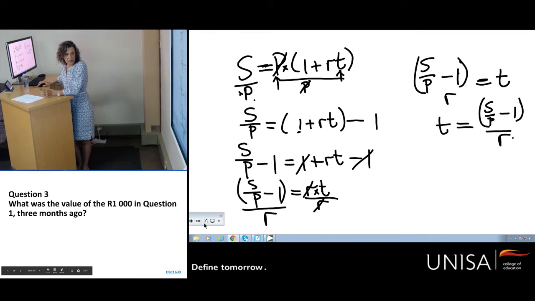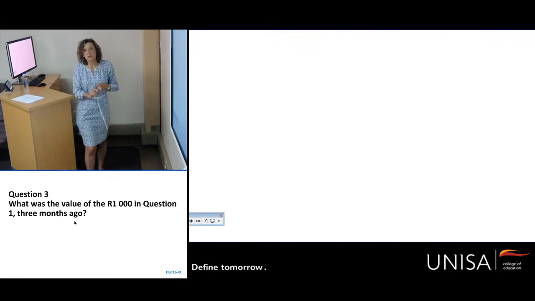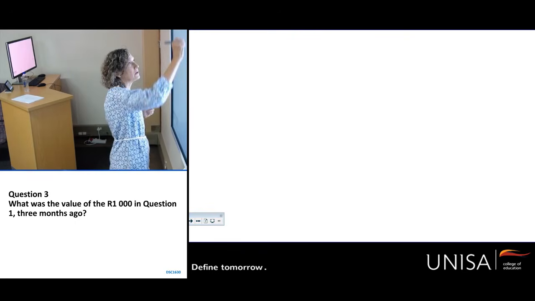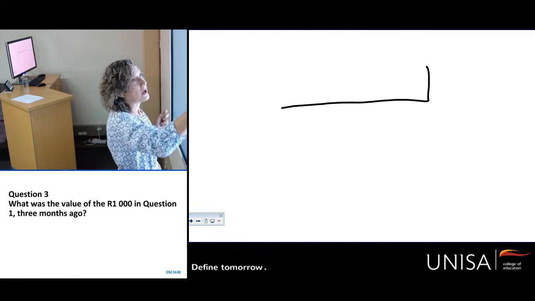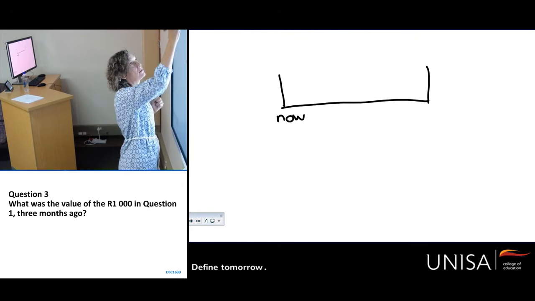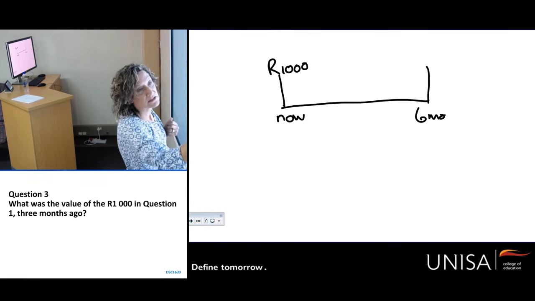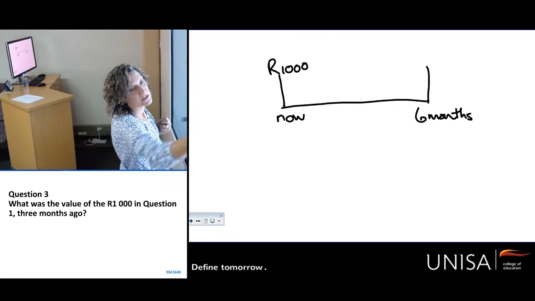Now let's look at another example. What was the value of the 1,000 Rand in question 1, 3 months ago? Let's just look at question 1. We had 1,000 Rand here, and it was 6 months that we had to calculate.